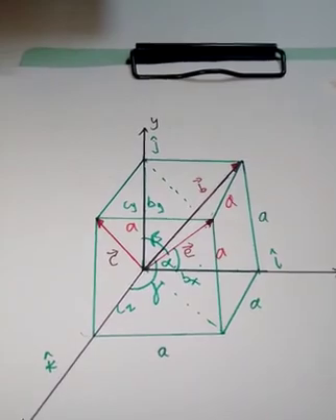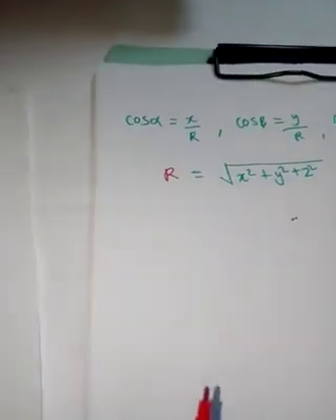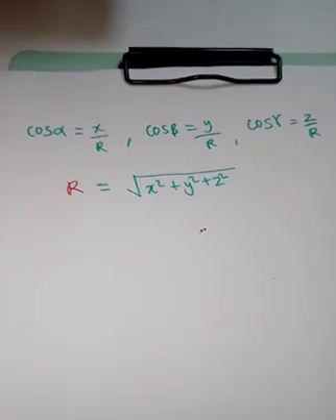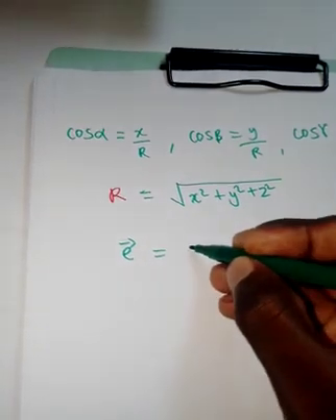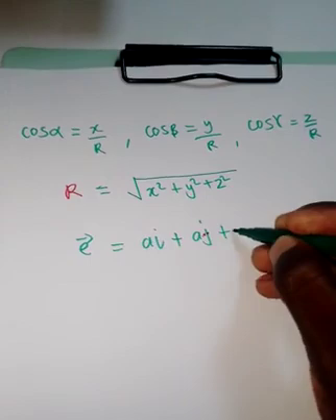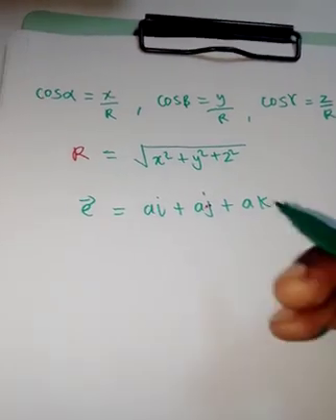So the vector E in terms of x, y, and z will be a i plus a j plus a k. All the sides of the cube are the same.